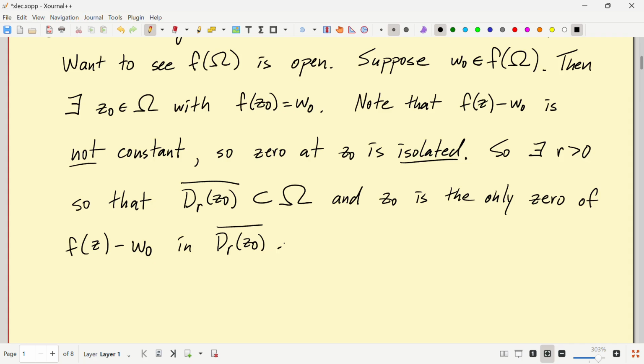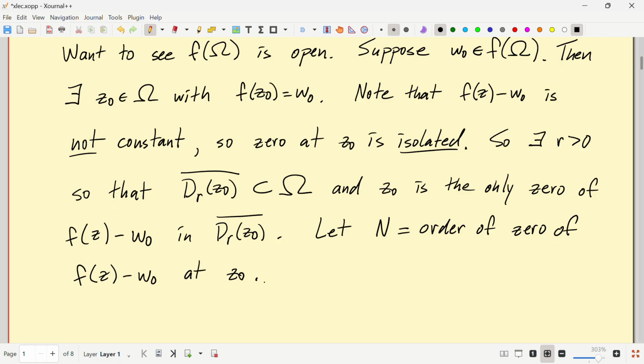Okay, let's let n equal the order of that 0, or multiplicity, the order of the 0 of f of z minus w naught at z naught.